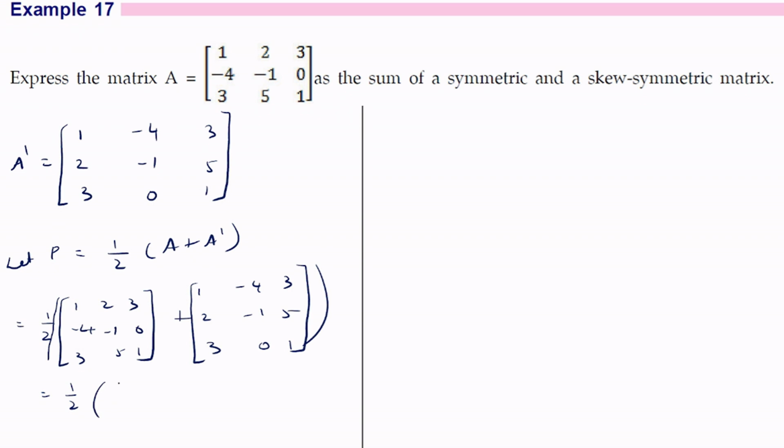So this is half of the matrix: 2, 1 plus 1 is 2, 2 minus 4 is minus 4, 3 plus 3 is 6, then minus 4 plus 2 is minus 2, minus 1 minus 1 is minus 2, 0 plus 5 is 5, then 3 plus 3 is 6, 5 plus 0 is 5, 1 plus 1 is 2. So this is 1, minus 1, 3, minus 1, minus 1, 5 by 2, then 3, 5 by 2, 1.